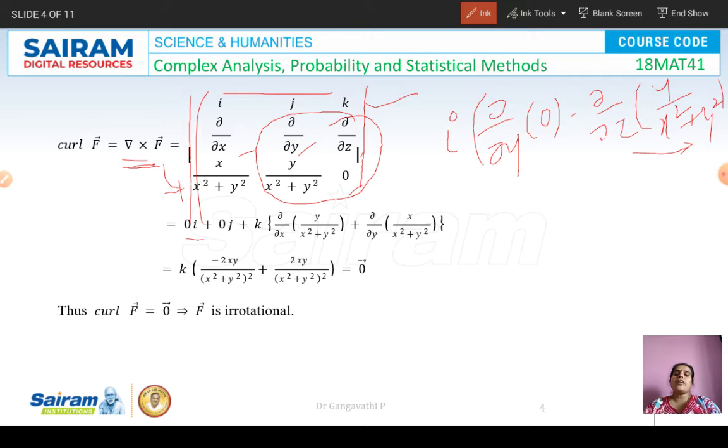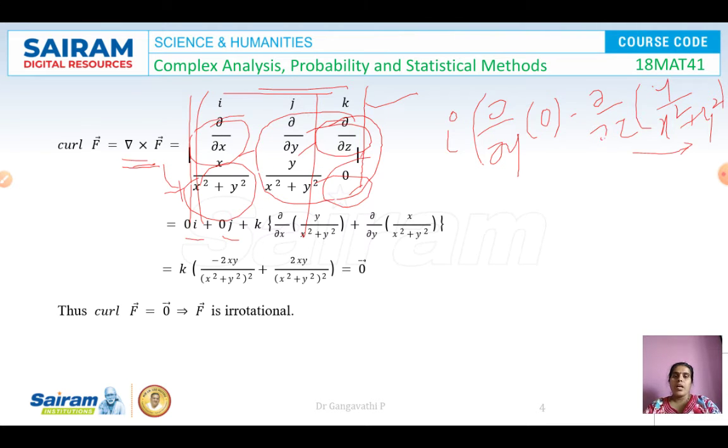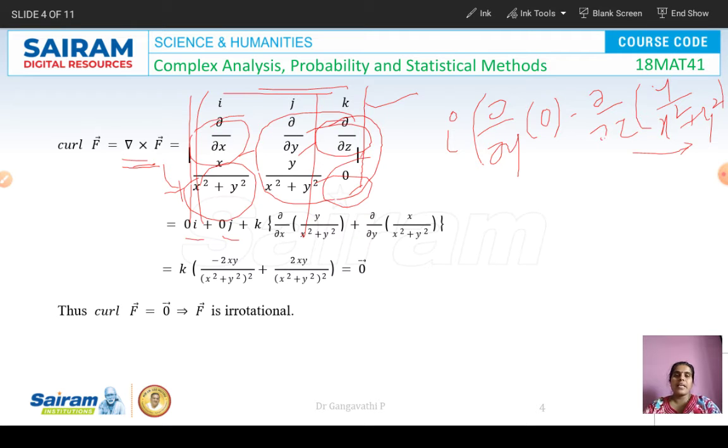Similarly, the second term is minus j into, leave this column and this row where j is present. So we have to evaluate the determinant of this term, this term, this and this term. We get that also as 0. The last term is plus k into, leave this column where k is present and leave the row where k is present.